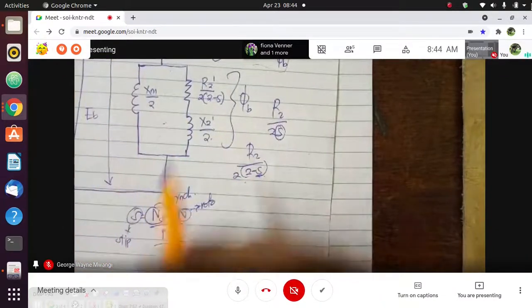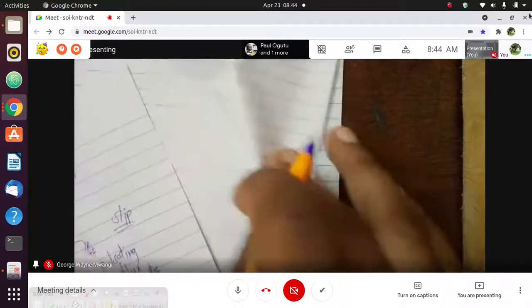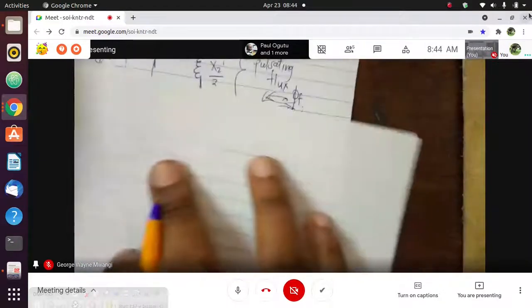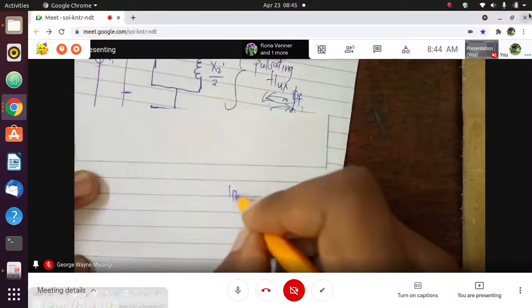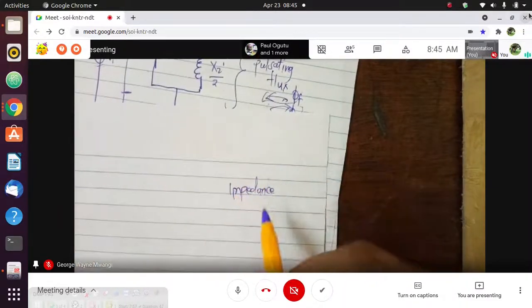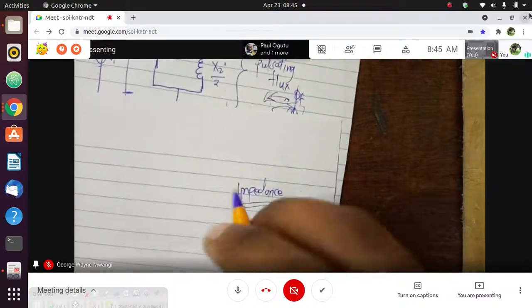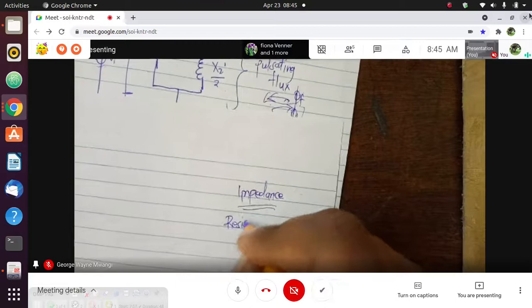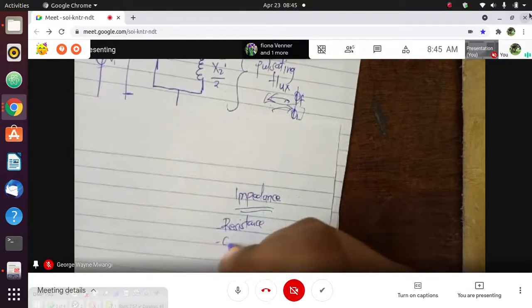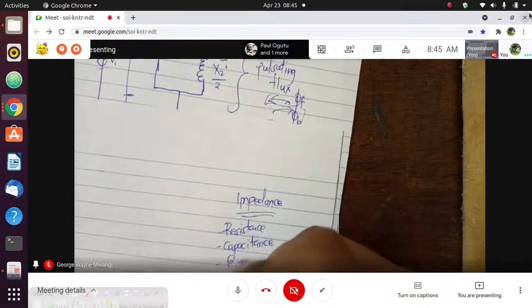Now, there is something I want to introduce known as impedance. This is the total resistance of a circuit when you take into consideration resistance, capacitance, and reactance.